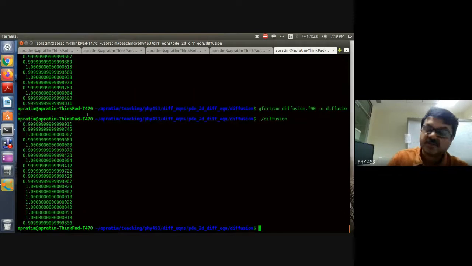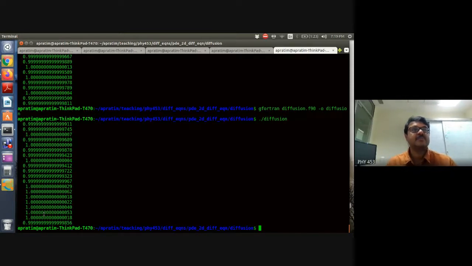Note that only one point in the lattice has a droplet, a density equal to 1 at the center of the box. And as the particles diffuse out, what I have written out is the sum of density, the sum of particles spread over all lattices, and that is 1. And that's an important cross check, right?